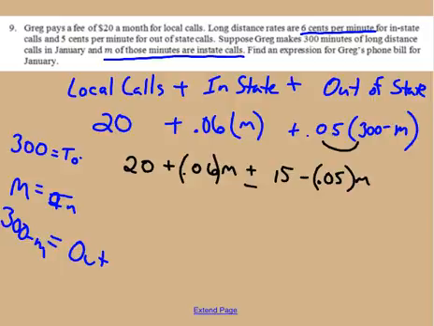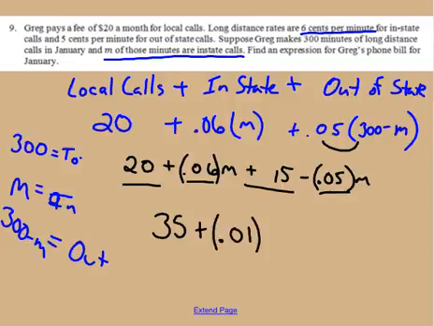If I combine my terms here, 15 and 20 is 35, plus 0.06 minus 0.05 is going to be 0.01M. So what that tells me is my fee is going to be $35 plus 1 cent per minute of in-state. That's not too bad. If you can follow along and do something like that on your own, that's great.